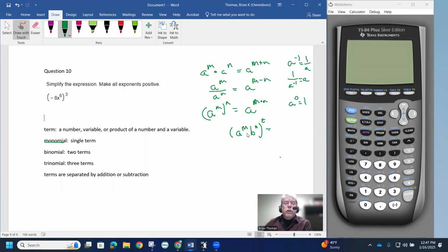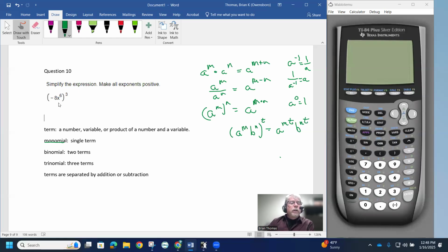So if we have a to the m times b to the n raised to the t power, what we can do here is multiply this power through each exponent. We can write this as a to the m t times b to the n t. So I don't know exactly what the textbook did there, but we have a special twist on the power rule.